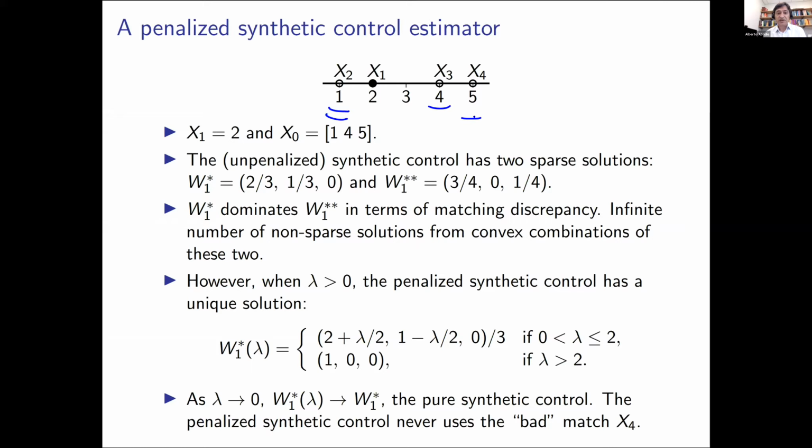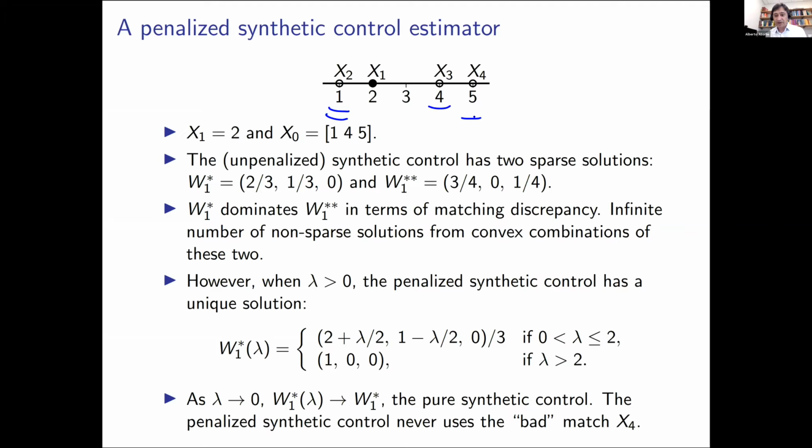But you immediately see that the first solution dominates the second solution in terms of the matching discrepancy. It also dominates an infinite number of non-sparse solutions that you obtain from convex combinations of the sparse solutions. But if you look at the original synthetic control estimator, all this infinite number of solutions look the same in terms of the objective function.